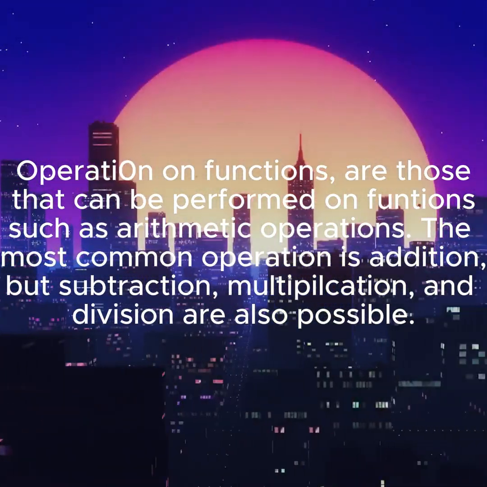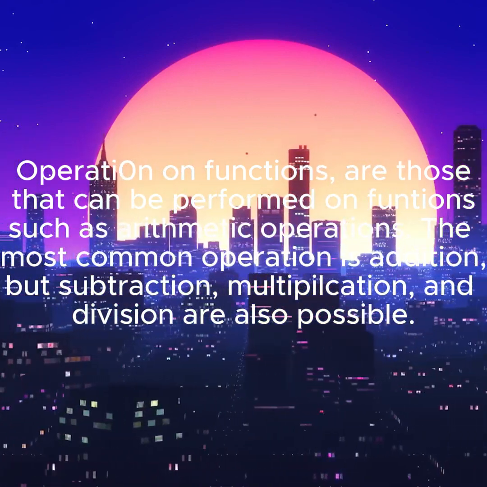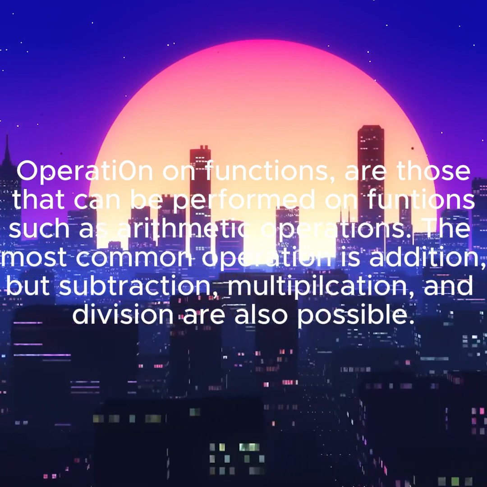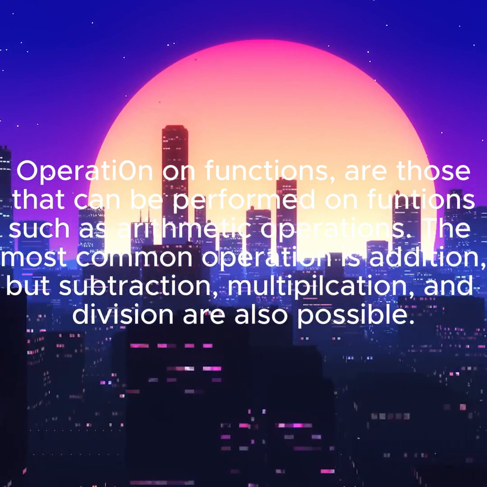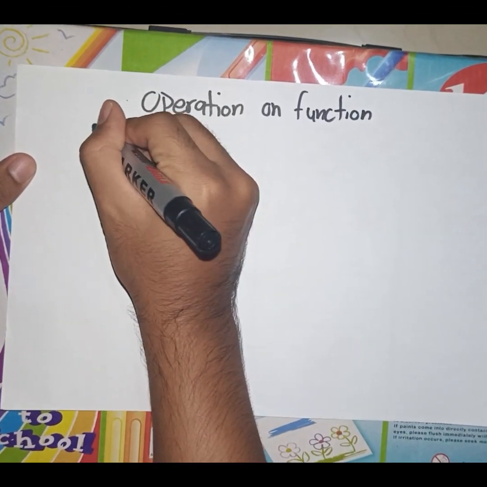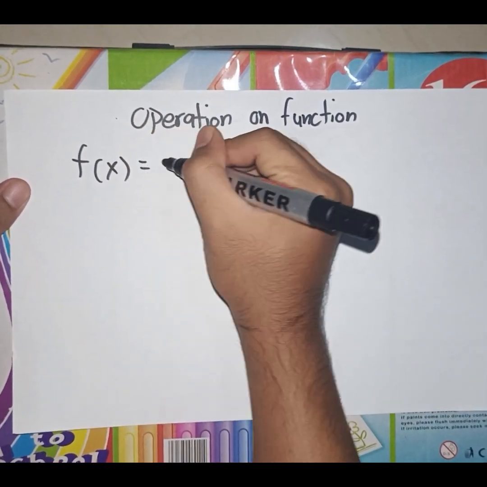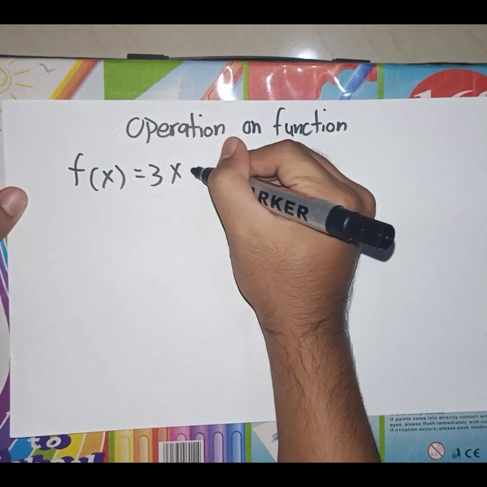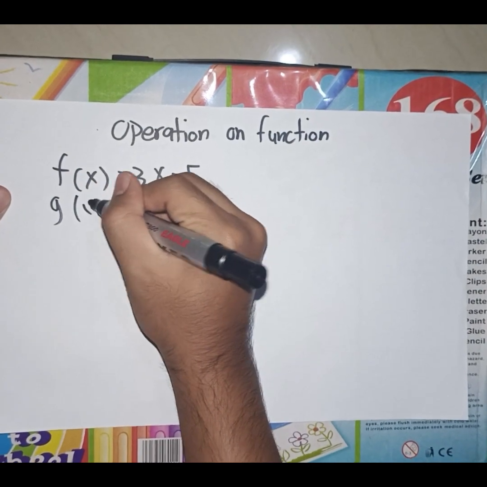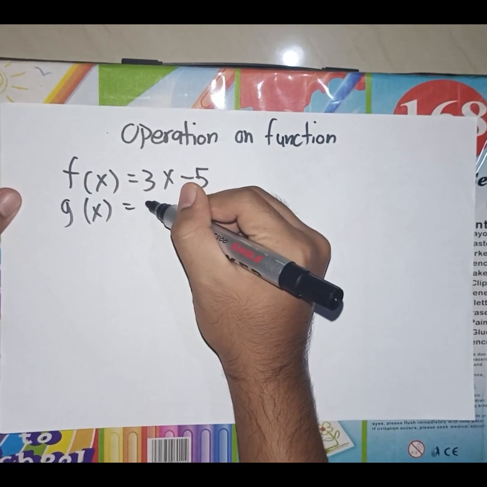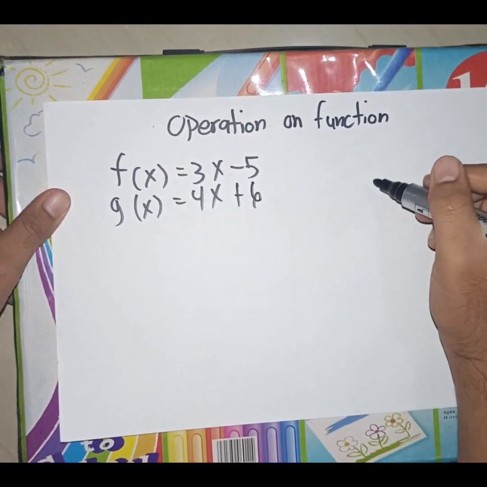Operations on functions are those that can be performed on functions, such as arithmetic operations. The most common operation is addition, but subtraction, multiplication, and division are also possible. Let's say we have f of x equals 3x minus 5 and g of x equals 4x plus 6.